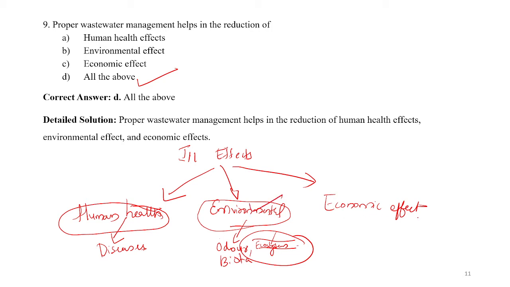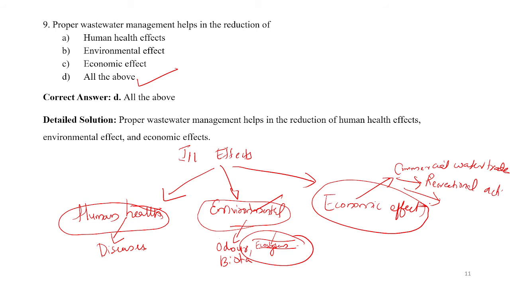And the third effect is economic effect. Let's discuss what happens if we have a proper wastewater treatment system. We can have access to more commercial activities through commercial water trade activities. Then we can have income from water based recreational activities.